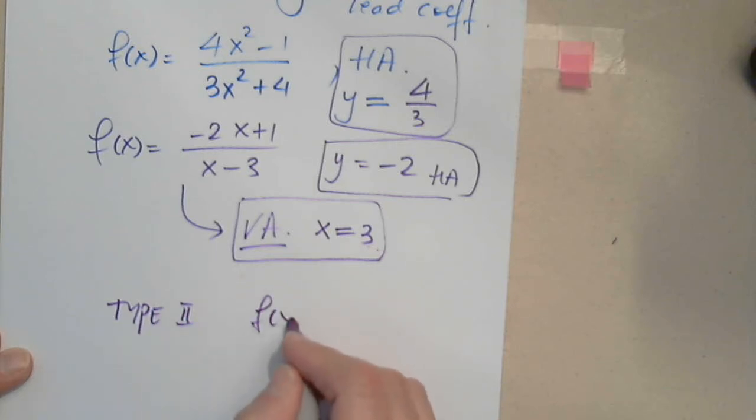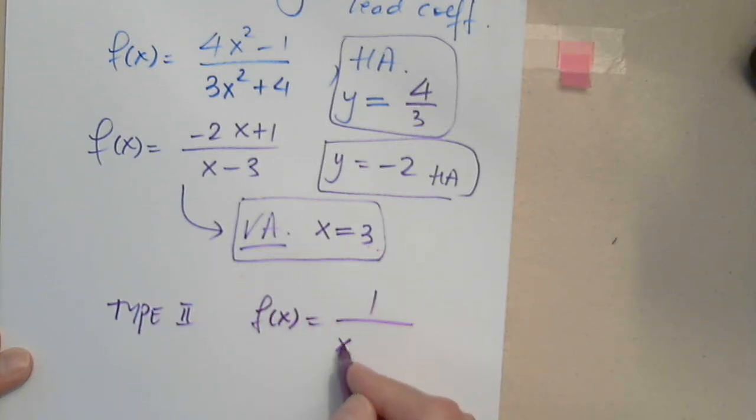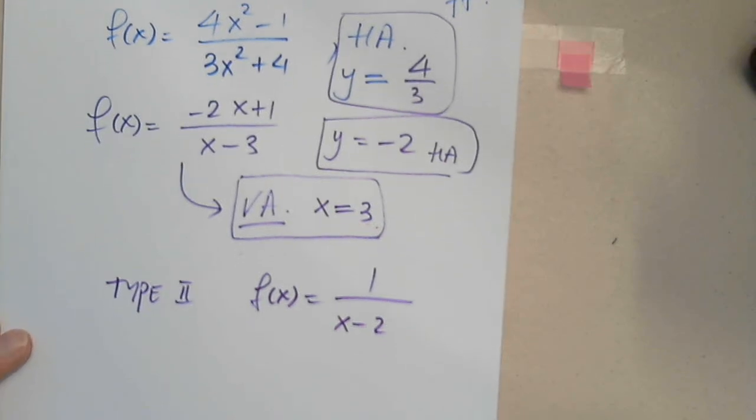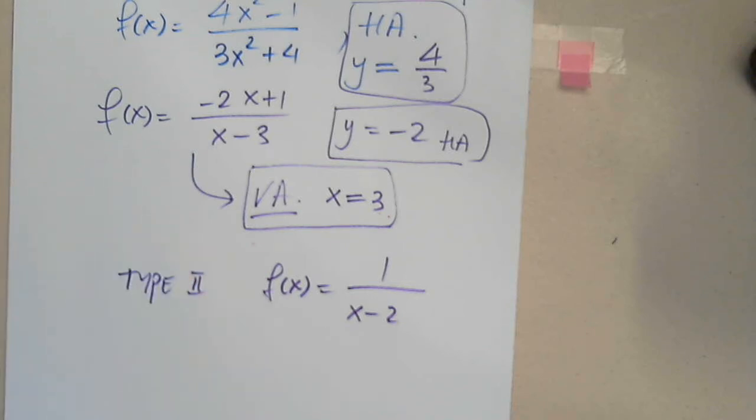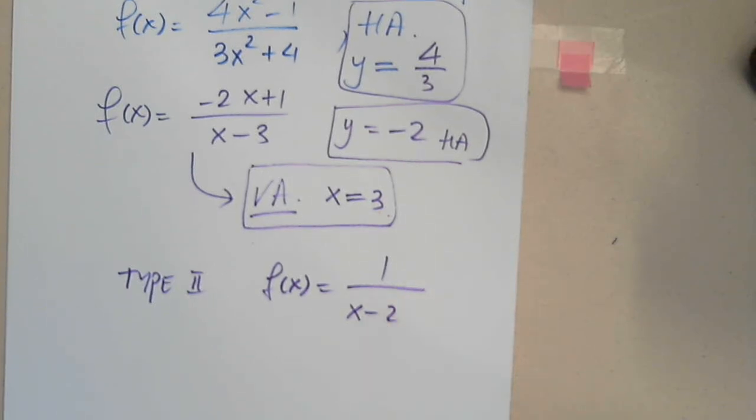A simple one. What type is this? Type 2. Why is it type 2? Because the degree of the denominator is higher.